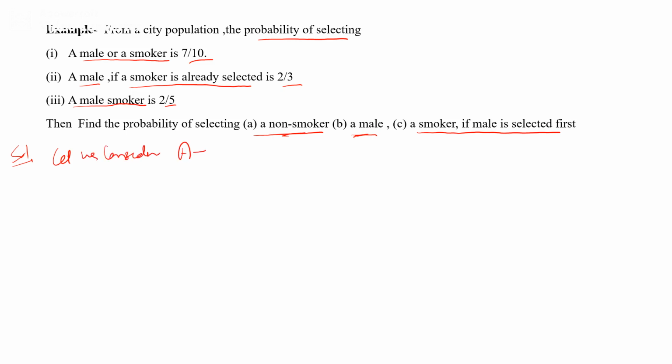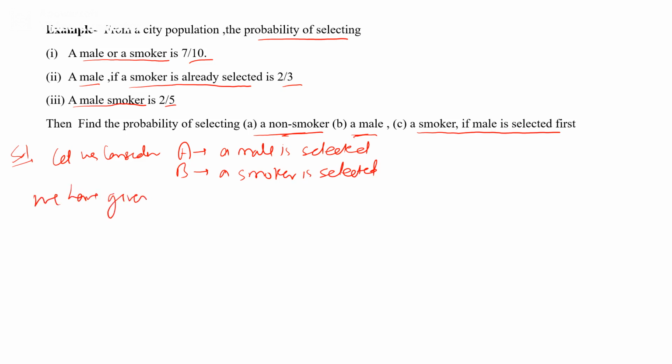Let us consider event A: a male is selected, and event B: a smoker is selected. Now we are given, according to the question, the probability of a male or a smoker, meaning P(A union B), is 7 by 10.